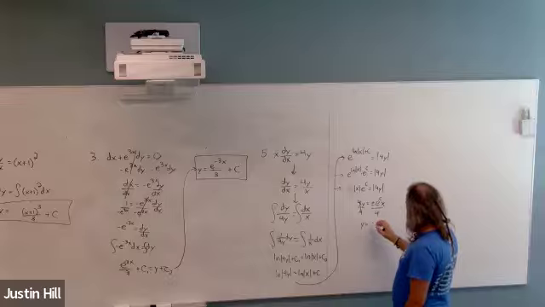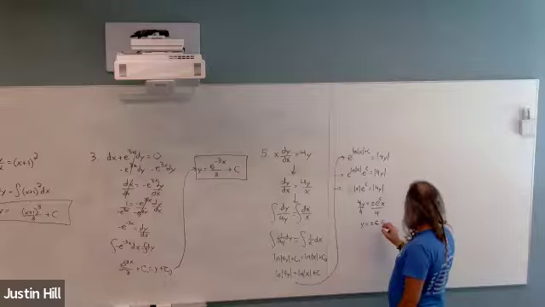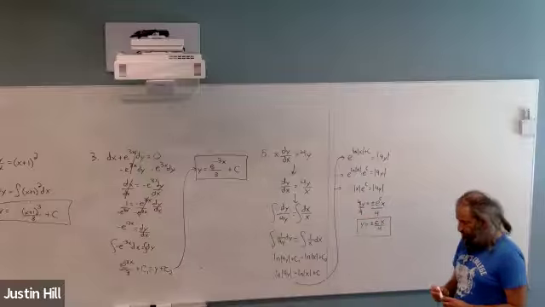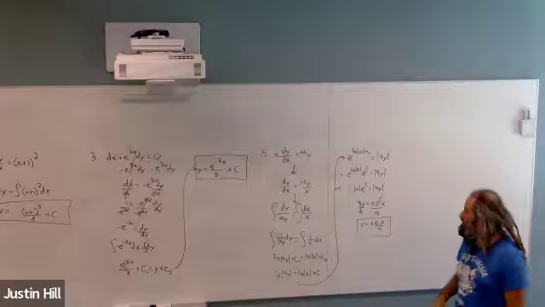So basically what they end up doing is rewriting that as just a general c. So plus or minus cx over 4. And that's my answer. So this would be the solution to that differential equation.